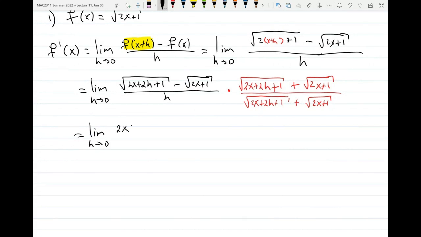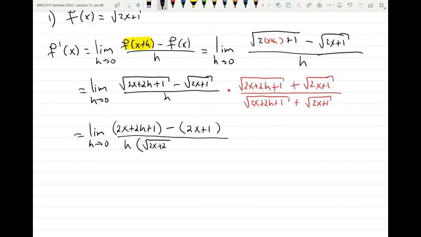The first one is going to be 2x plus 2h plus 1, because when you do the square, the radical is gone. Minus, I'm going to put parentheses because this minus is going to affect whatever is left. Then when you square the second term, the radical is gone, so we get 2x plus 1. And then over h times all of that.